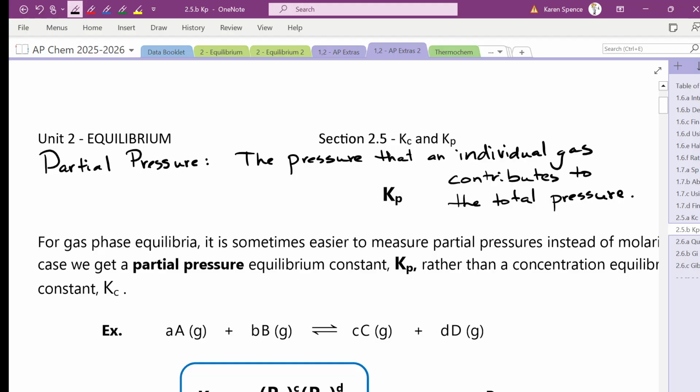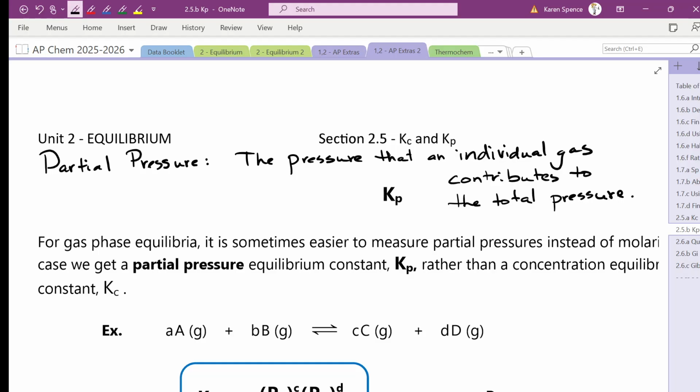So it's basically just the pressure of one individual gas. And if there's a mixture, and say it's a 50-50 mixture, then half of the total pressure will be the partial pressure of gas A, and the other half will be the pressure of gas B.